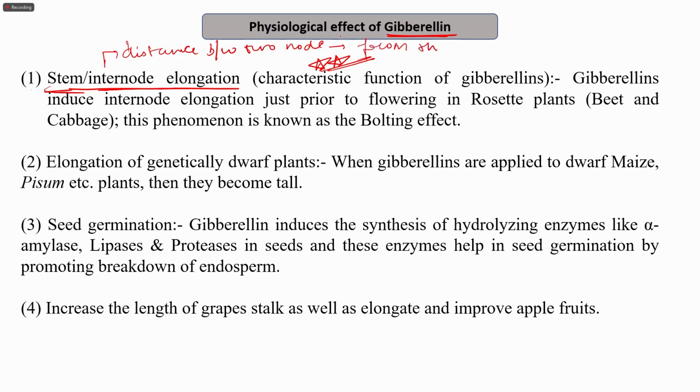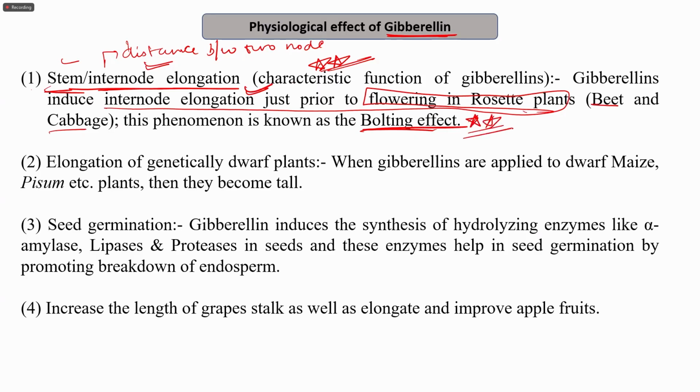So the distance between the two nodes is known as the internode. It helps in stem or internode elongation, and on the basis of this only it was identified. Gibberellin induced internode elongation just prior to flowering in rosette plants, for example beet and cabbage. This phenomenon is known as the bolting effect. The bolting effect is due to the gibberellins.